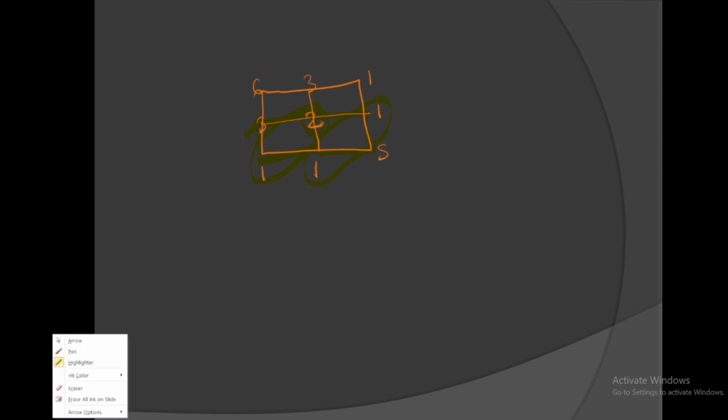Let's see, we have this pattern. Let me observe for other values also, whether it is valid in the whole grid or only on the initial points. So 1 plus 1 is 2. This 2 plus 1 is 3.